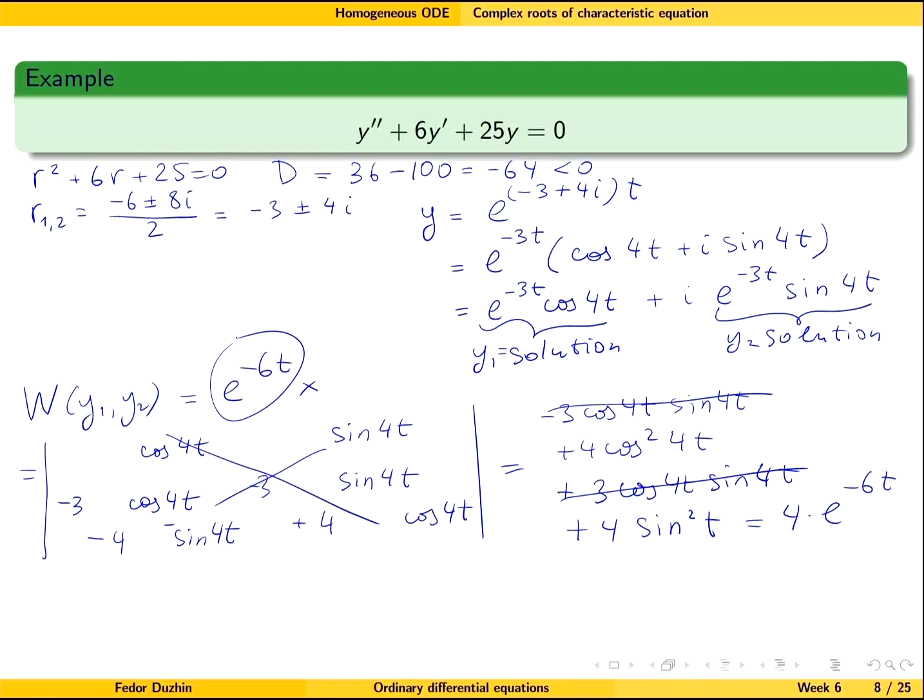We see that the Wronskian is non-zero, hence y1 and y2 are linearly independent.